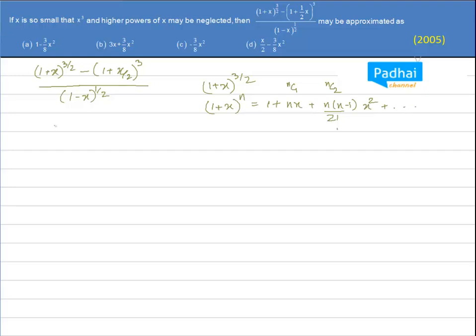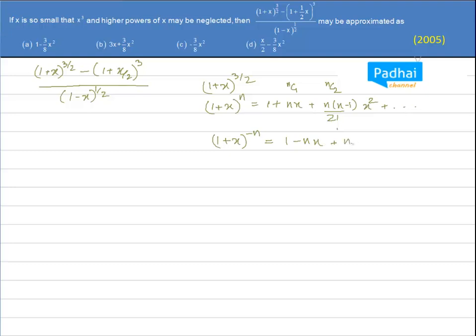The other formula that we should also remember is 1 plus x raised to power minus n. This becomes again an infinite series where it will now have alternate positive and negative terms. So this will be minus nx, this will be plus.